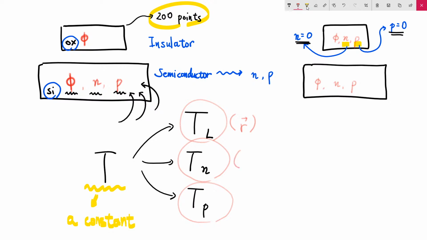Then also electron temperature and hole temperature. These quantities specify the energetic excitation of our electron gas at a certain position and hole gas at a certain position. So in general, they can be a function of position.